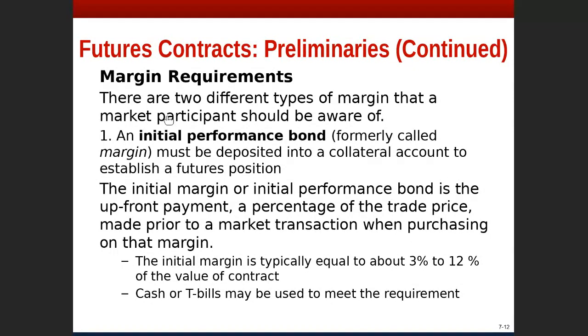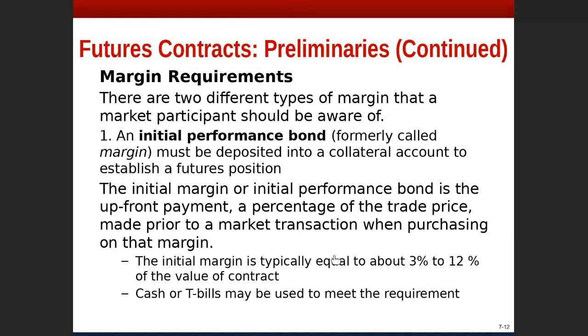The initial margin, or initial performance bond, is the upfront payment, usually stated as a percentage of the trade price, and you have to make that deposit prior to a market transaction when purchasing or selling on margin.